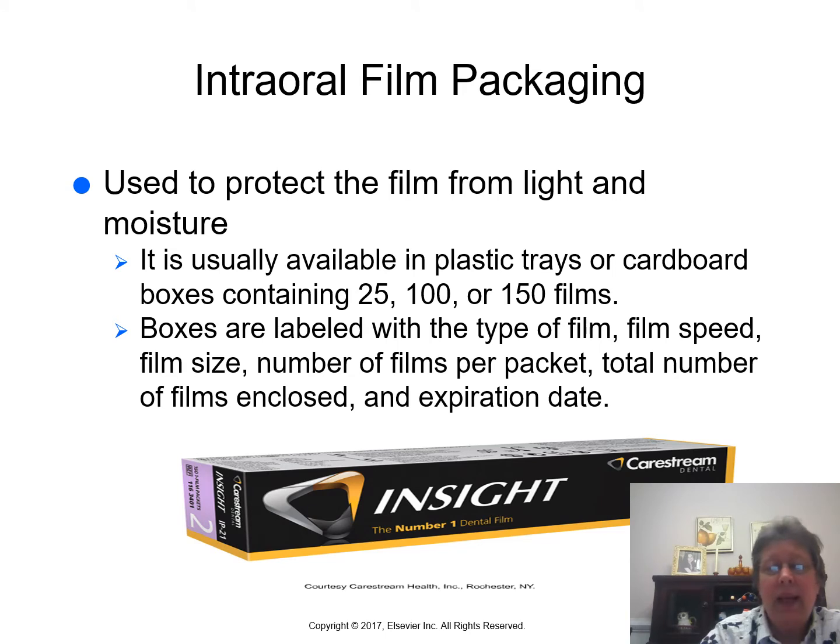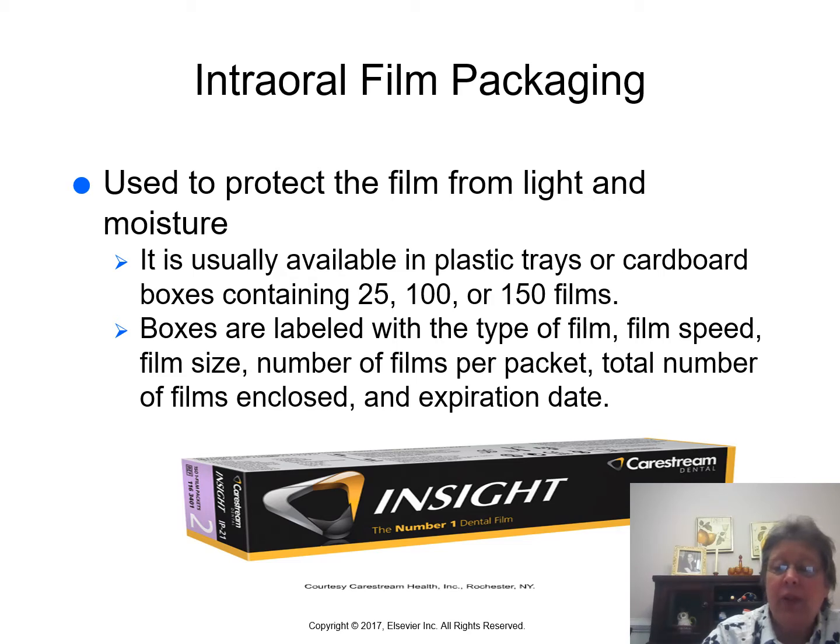This is just an example of how intraoral film is packaged. The packaging is used to help protect the film from light and moisture. It can be available depending on which type that you want to purchase. There can be 25 film, 100, 150 film in each box. Each box is labeled with the type of film, the speed of film, the size of the film, the number of films per packet.